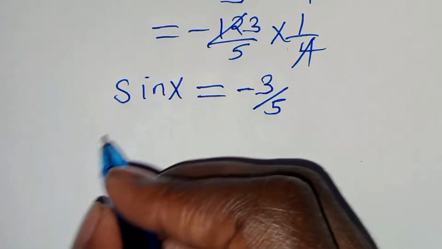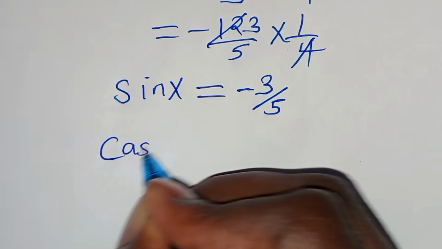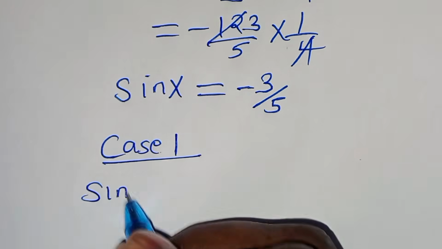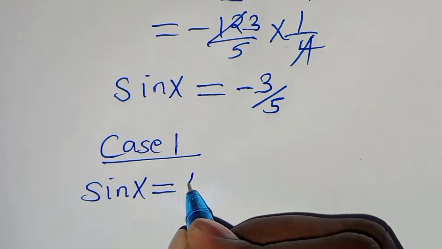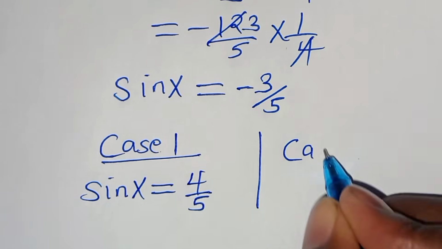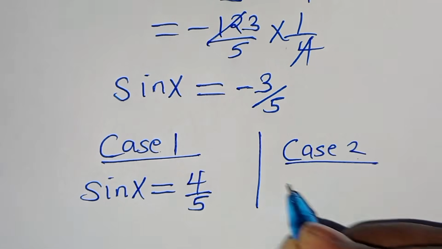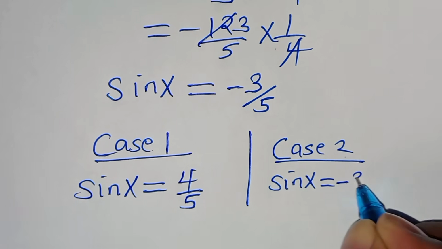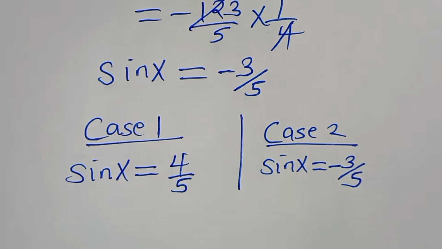So in case 1, the value of sine x is equal to 4 over 5. And in case 2, the value of sine x is equal to negative 3 over 5.